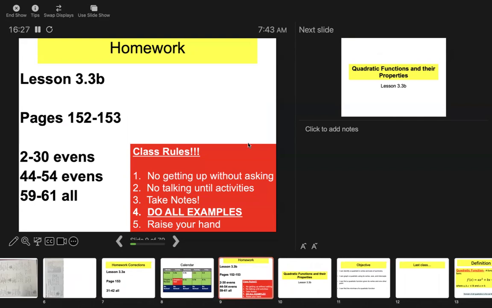That's not 50 problems, by the way. Good? No.